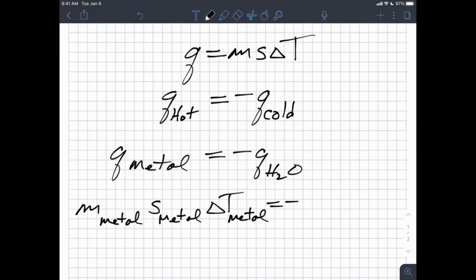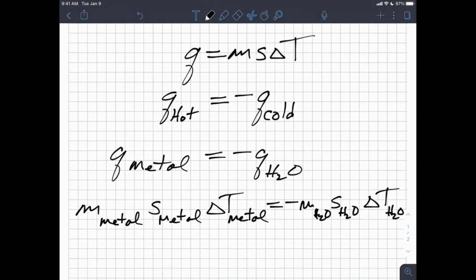And we said that would be the opposite of the mass of the water times the specific heat of the water times the change in temperature of the water. That's the standard thing we do.